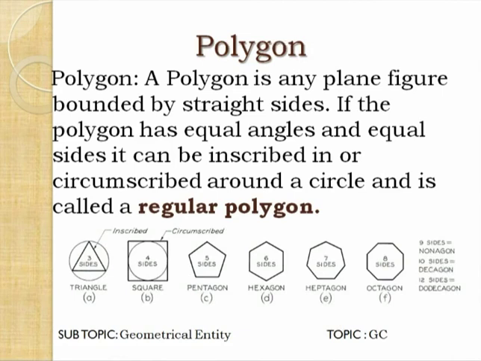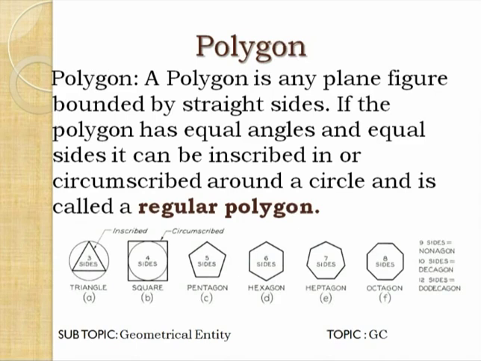Now polygon is a plane figure bounded by straight sides. If a polygon has equal angles and equal sides, all angles equal, all sides equal, then it can be inscribed in or circumscribed around the circle, and that polygon we can call a regular polygon. In first figure there is a triangle inscribed in circle.